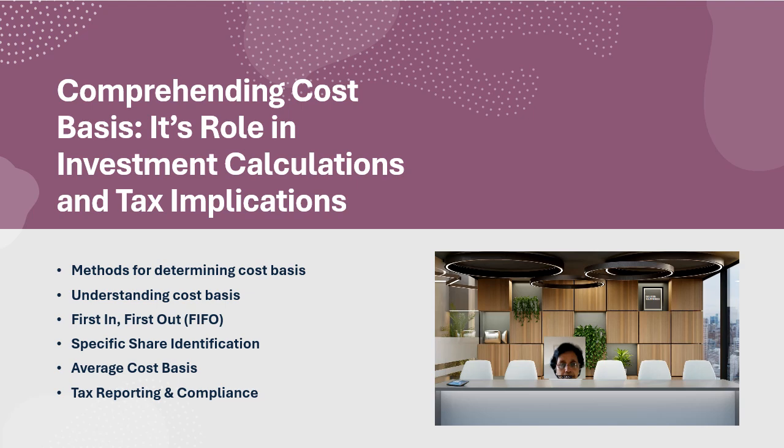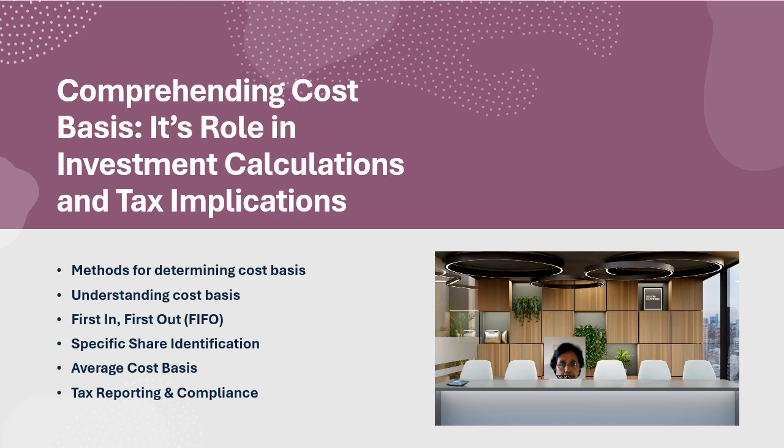Various events can lead to adjustments in your cost basis. For instance, if a company undergoes a stock split, such as converting one share into two, your cost basis is also divided.